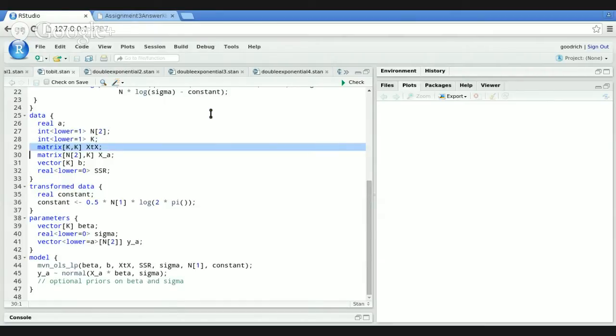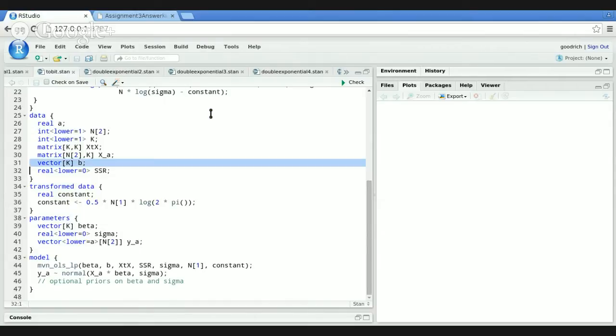Then I'm going to pass in the middle matrix that I created in R, X transpose X. I'll have another matrix, X, for people who are top coded. That's going to have rows equal to the second element of N, and also K columns.